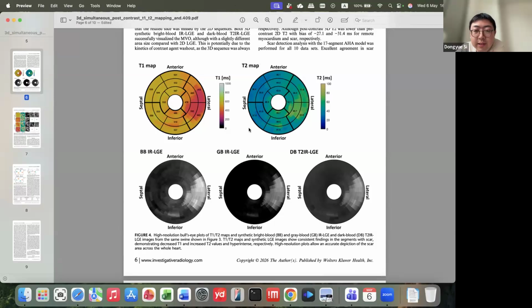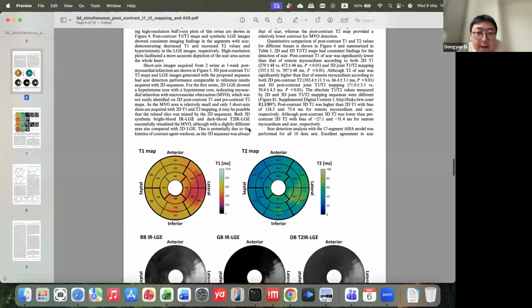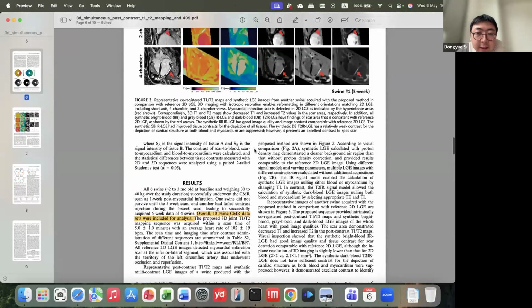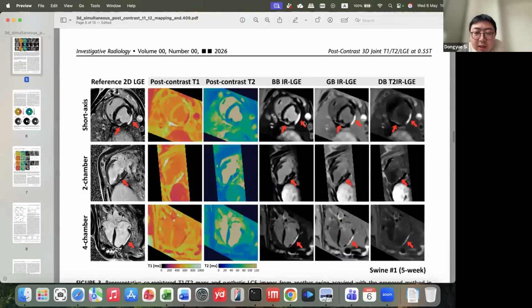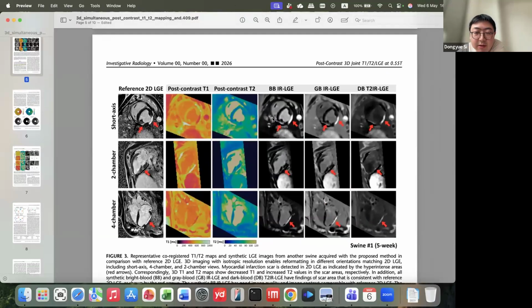Okay, so the acquisition resolution of the 3D sequence is 2 mm isotropic. But it may be somehow smoother because this is a low field scan and we apply the HD plus denoising in these images.